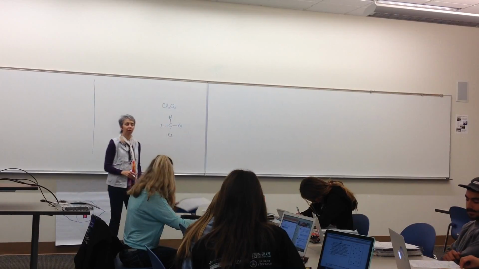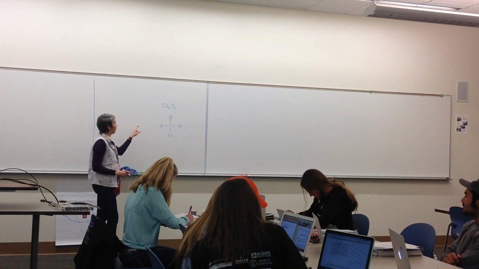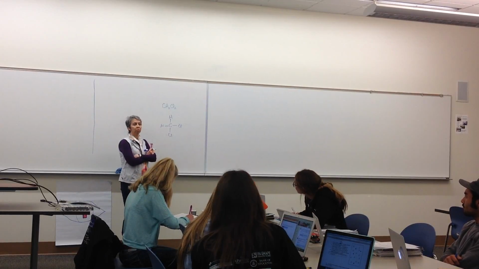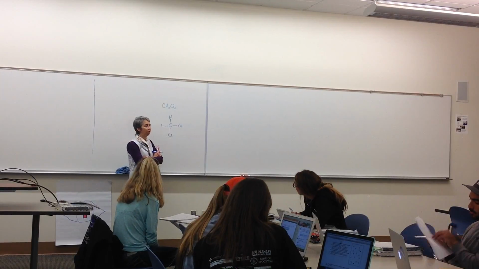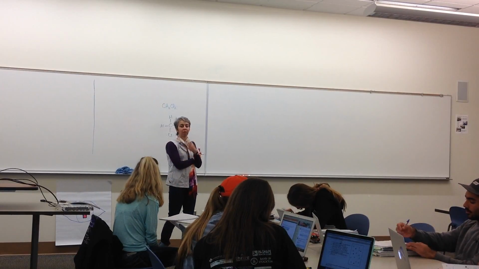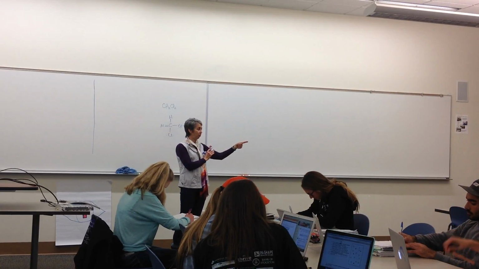Okay, so now you've got a Lewis structure. Can you tell me what the hybridization of the carbon is? sp3. How do we know it's sp3? Because it has 4 regions. Is that the same rationale you used?